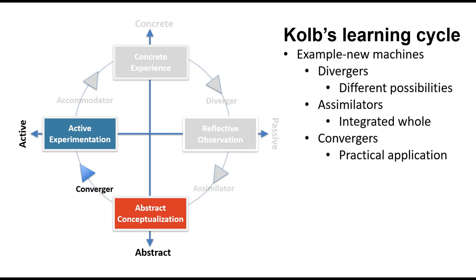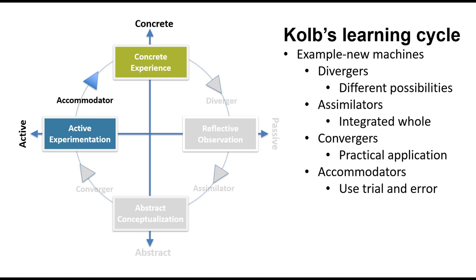In the next phase, you bring in the Convergers. They will bring you from abstract conceptualization to active experimentation. They emphasize applying ideas and solving problems about your different choices of changing your production line and ordering new machines. They will find practical applications.